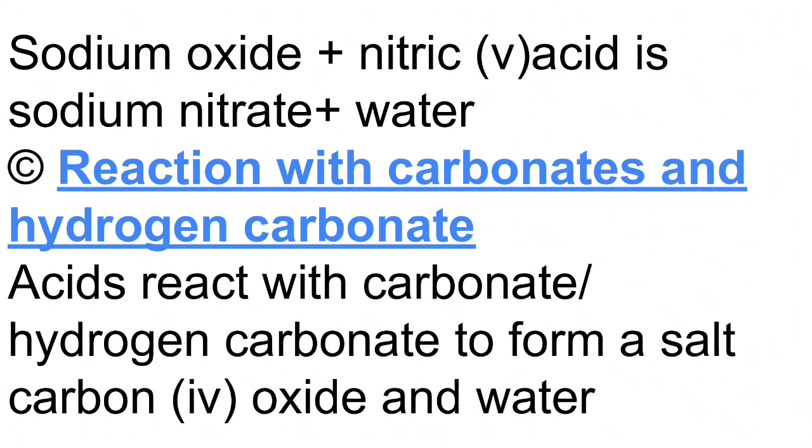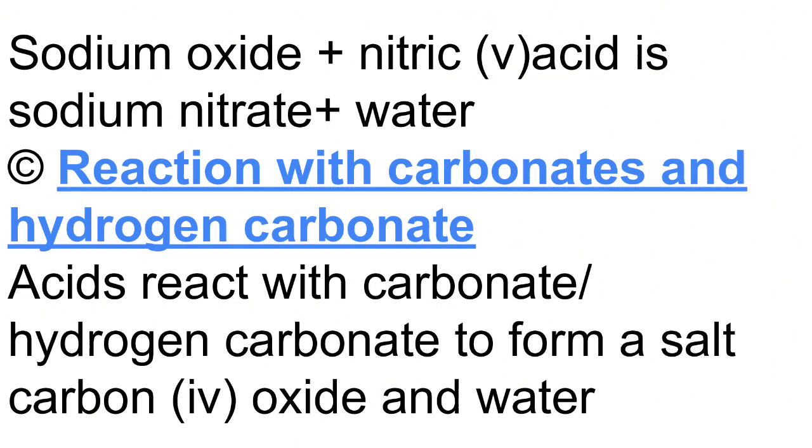Now, let's move on to the third chemical reaction, which is the reaction of acids with carbonates and hydrogen carbonates. Acids react with carbonates and hydrogen carbonates to form a salt, carbon 4 oxide gas, and water.